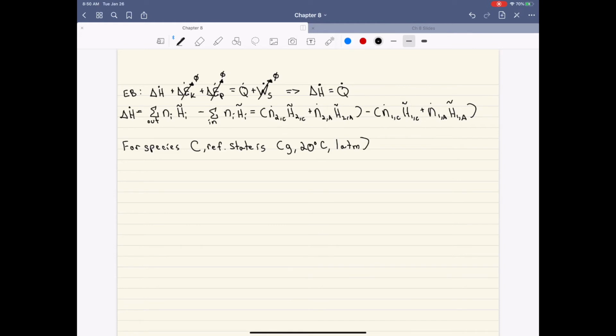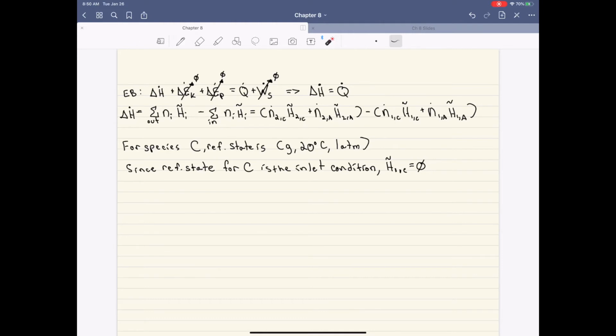Okay? And the reason for doing that is because if we set our reference state to just be the inlet conditions, since the reference state for C is the inlet condition, what that means is our molar enthalpy for the methane at that inlet condition is just going to be 0.